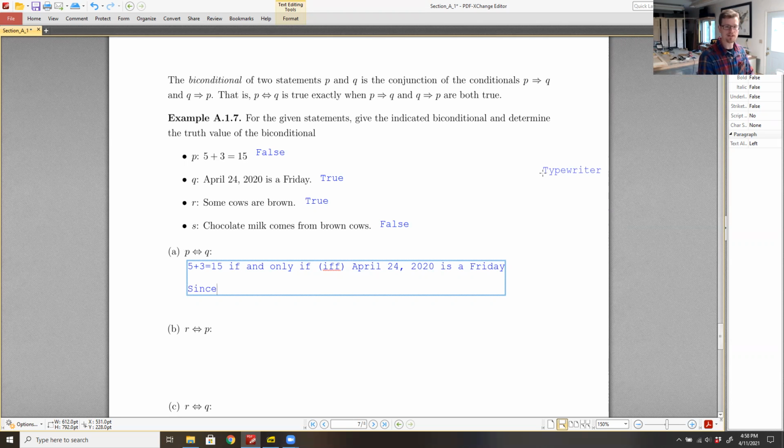Probably the easiest is to say that since Q implies P, that's the one I'm looking at here, if April 24th, 2020 is a Friday, then 5 plus 3 is equal to 15, that particular statement is false. So since Q implies P is false, the biconditional is false.